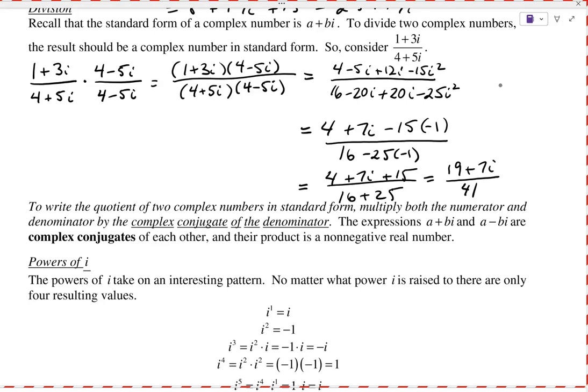Hawks, though, I think, insists that you type things in standard form. And all that means is it wants you to split these into two separate fractions. Like that. So to put it in standard form, you would do your 19 over 41, and then plus the 7 over the 41 with the i on the end. Remember, standard form is number plus number times i.